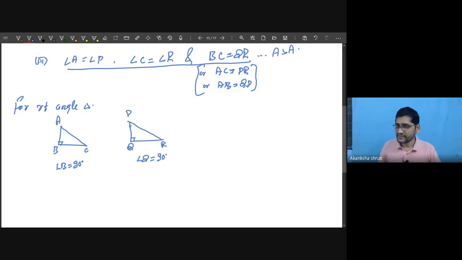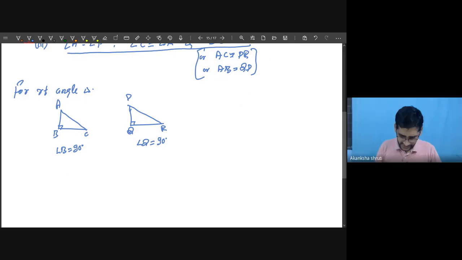Then if the hypotenuse and any one of the sides are equal, the two triangles will be congruent. RHS congruent. This implies both triangles are right angled. It is given.